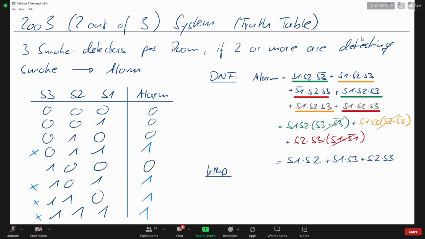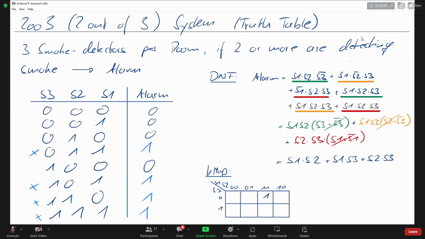If you are simplifying that with the K-map, having here S1, S2, and here S3, 0, 0, 0, 1, 1, 1, 1, 0, 0, and 1, then it is true if S1, S2 are 1 and S3 is 0.